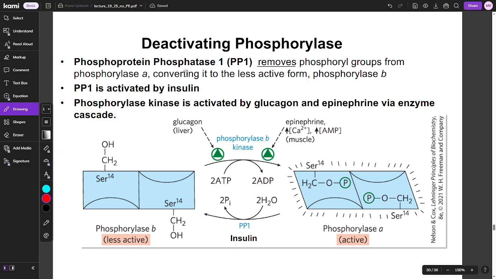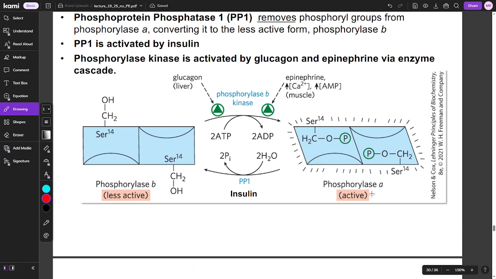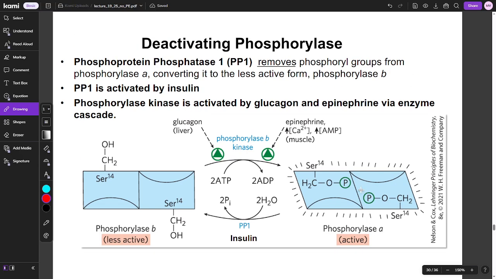So, lo and behold, we've actually already talked about this. Do you have to know this exact mechanism? No, probably not. Is it helpful to know? Sure, but I wouldn't say it's the most important thing to memorize. We already talked about this though. Phosphoprotein phosphatase removes phosphate groups. What would trigger this to work?